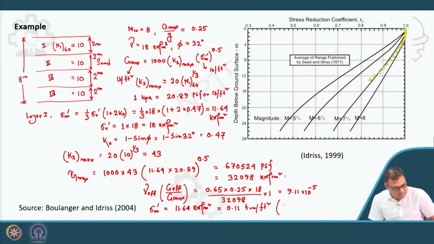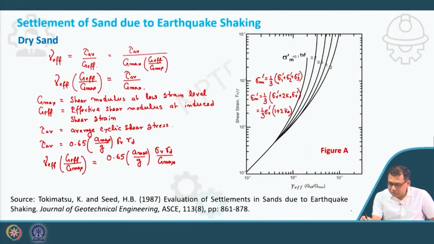What is the conversion? 1 kilonewton per meter square is equal to 0.00932 ton per feet square. Why do I have to convert that? Because this chart is in ton per square feet.